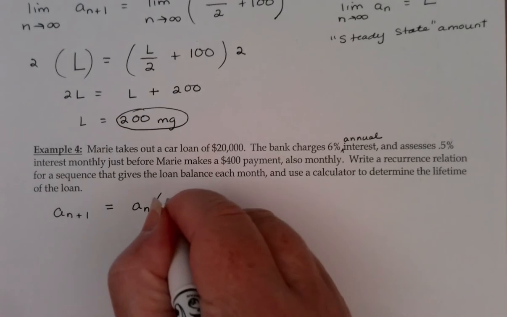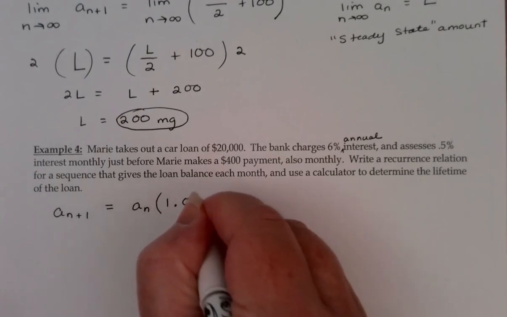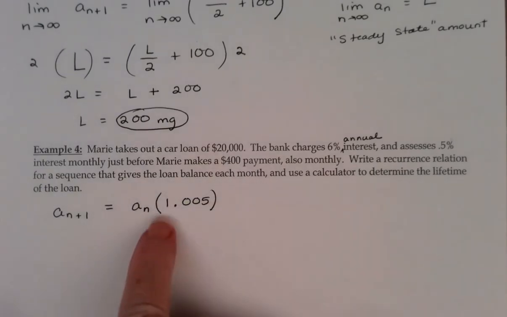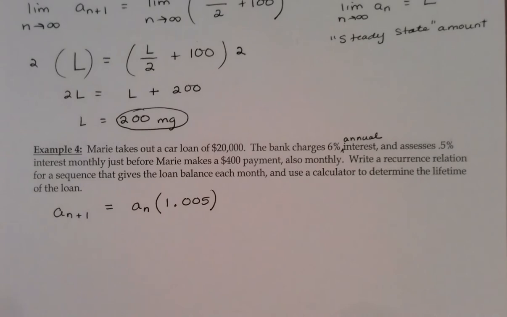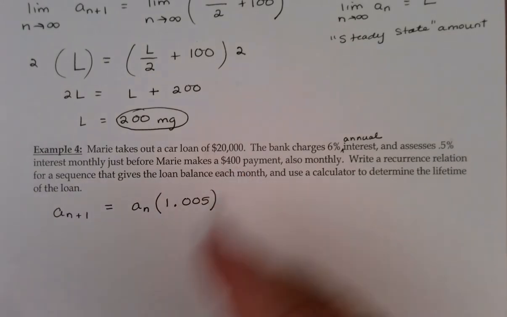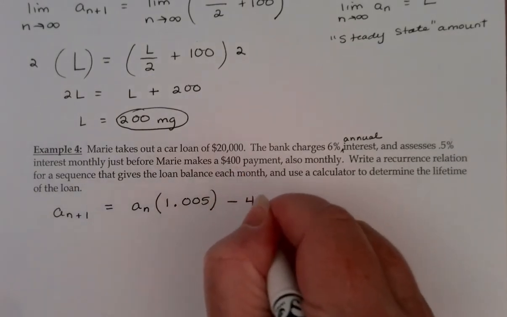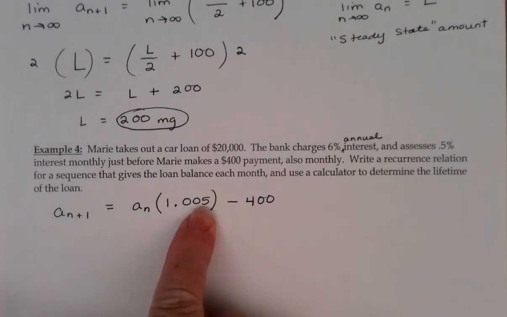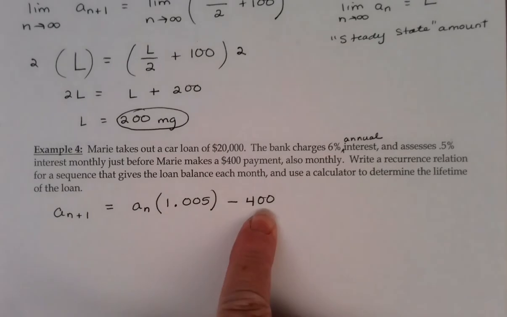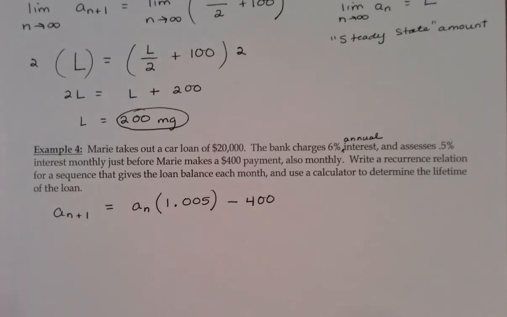So we multiply that by 1.005. 1 because we keep the full amount plus that 0.5% interest. But then Marie makes the $400 payment, so the loan balance is also going to decrease by $400 each month. So it goes up a little bit because of the interest, but down because of what she pays. So there's our recurrence relation.